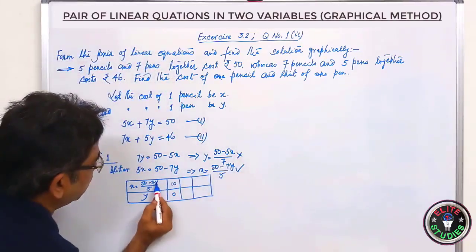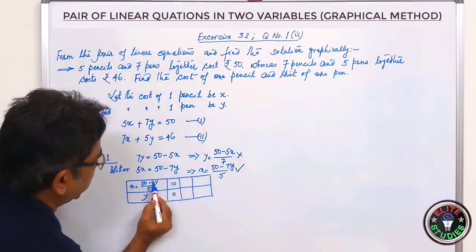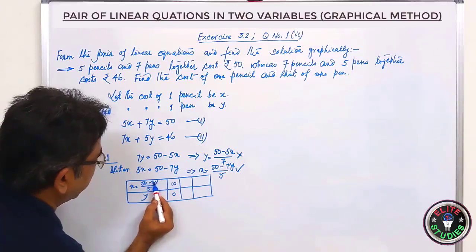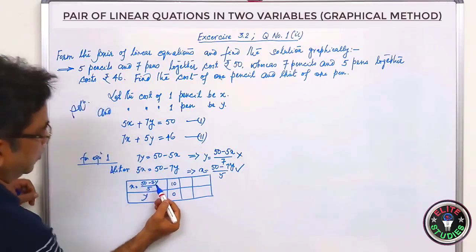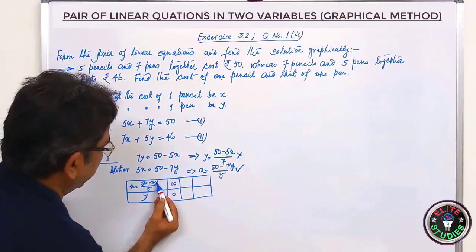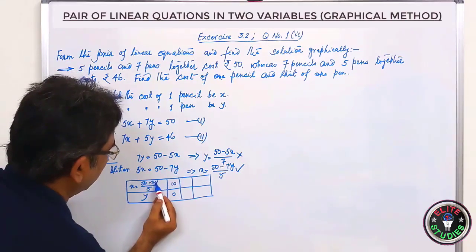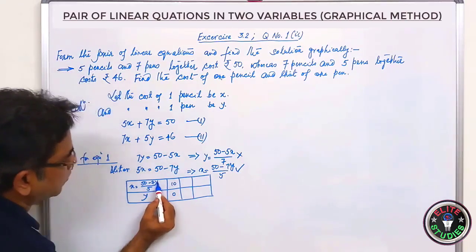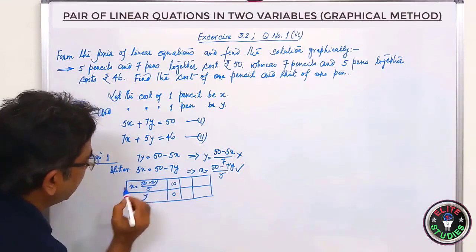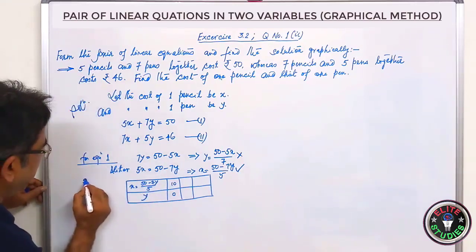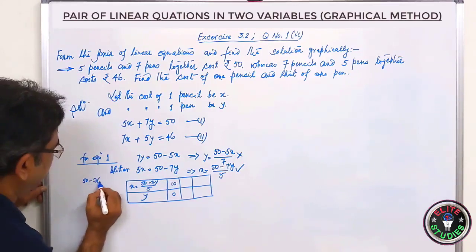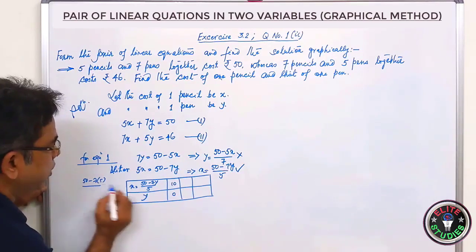So if you put y is equal to 2, 7 2s are 14, no. If you put 3, 7 3s are 21, no. If you put y is equal to 4, no. If you put y is equal to 5, what will happen? It will be 50 minus 7 into 5, by 5.